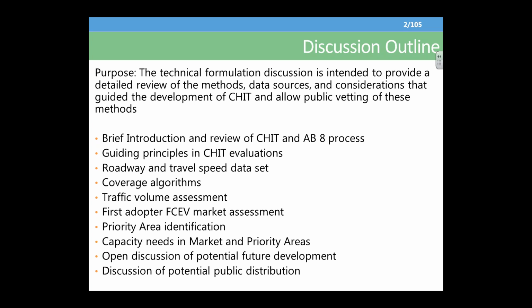And then we'll start discussing all the different factors that went into this analysis: how we got to a roadway and travel speed data set, how we estimated coverage, other data sources that we didn't end up integrating in the final version, like traffic volume, and how we assess the first adopter market. Our last two points are open discussion related to how to share this model, how to share the output results, and future development for this tool.